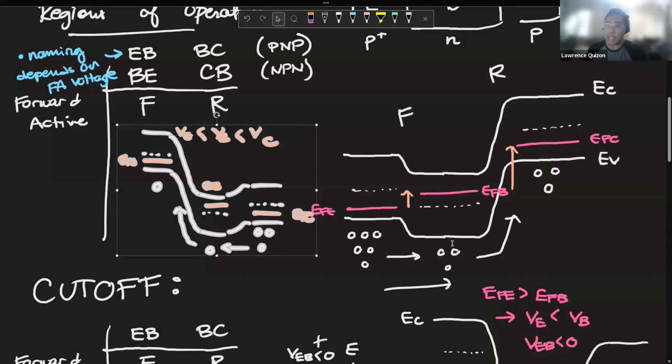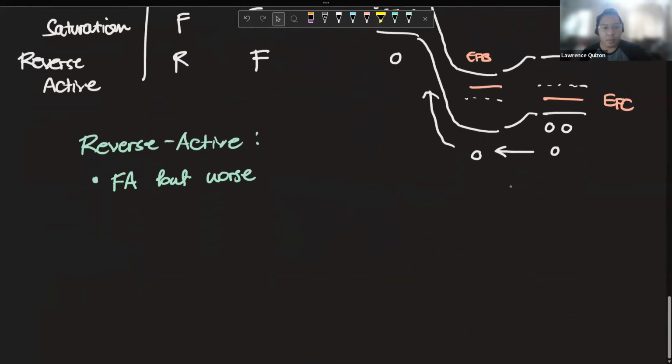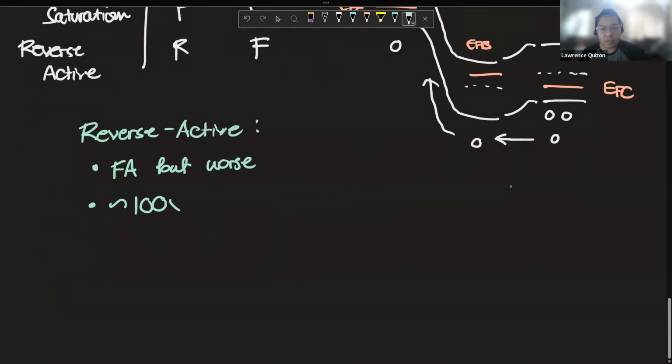Which means that we have around 10 times to 100 times less current kapag reverse active natin ginagamit yung BJT, no? It's around 100 times less IC versus forward active, no?